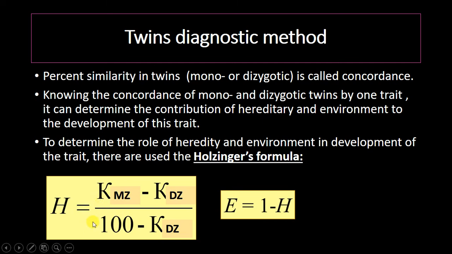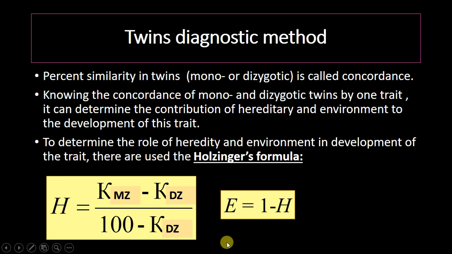H equals the concordance of monozygotics minus the concordance of dizygotics, and in the denominator 100, meaning 100% minus the concordance of dizygotics.